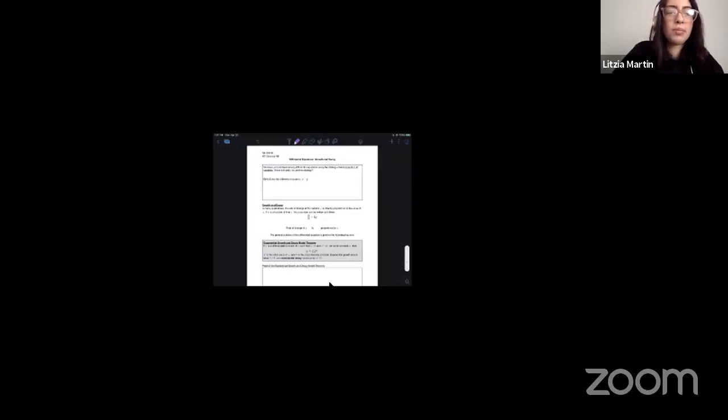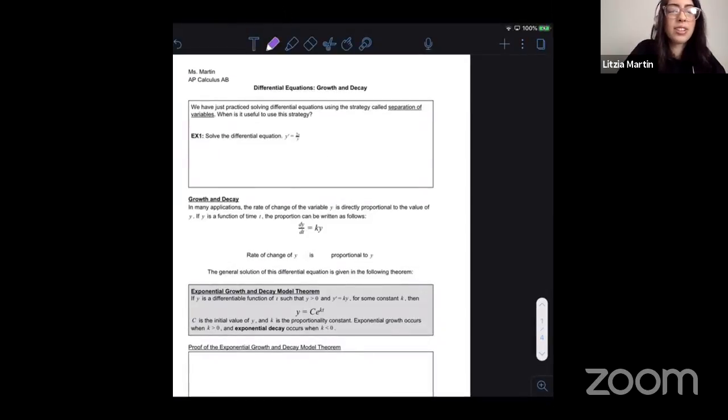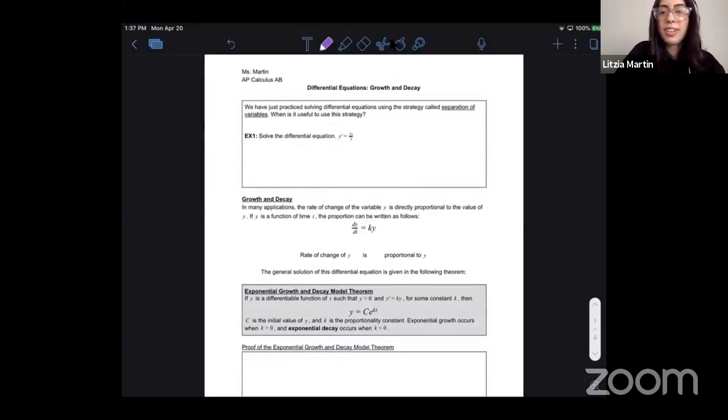Okay. I'm trying to make this screen bigger and it's not. Oh, no, I'm making it. Okay, I think it's just gonna have to stay like this because I can't. Oh, I figured it out. It's a double click. Okay, cool. Sorry guys, it's a learning process.